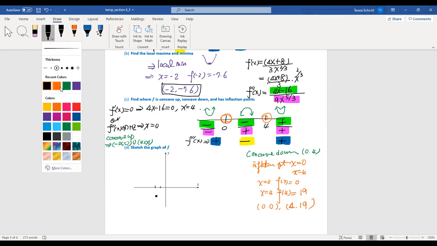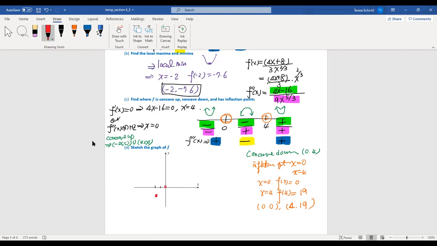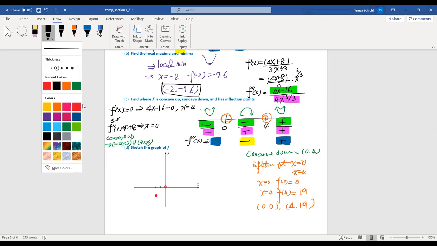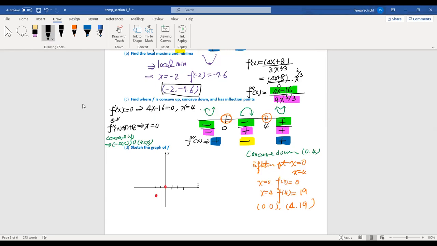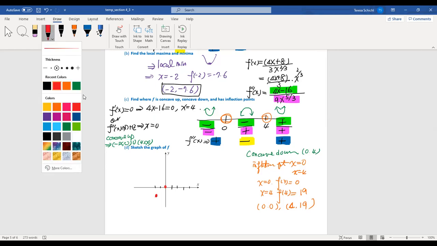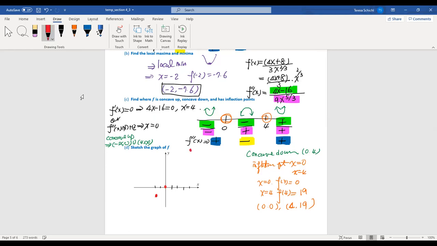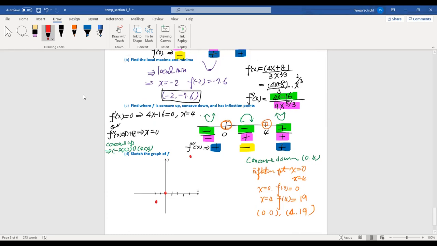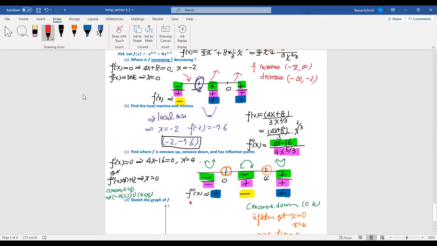Then (0, 0). Let me use a different color here. So this is the first point, then (0, 0). And then I have 4 and 19. So it's 1, 2, 3, 4, and I have 19, so 19 is somewhere here. It also tells me where it is increasing and decreasing.